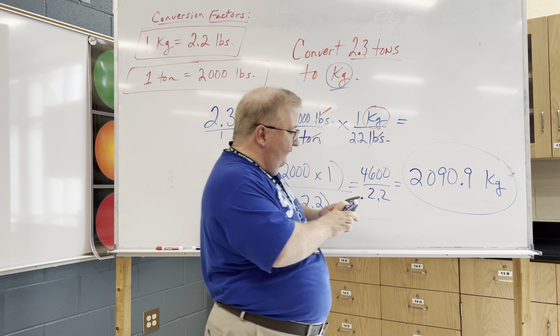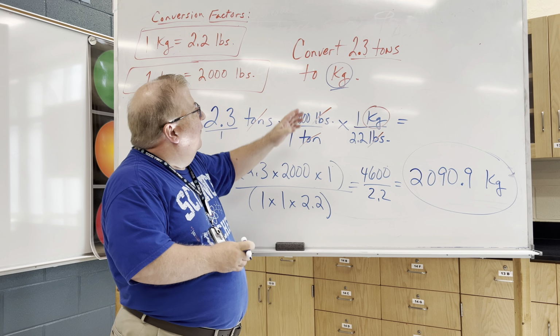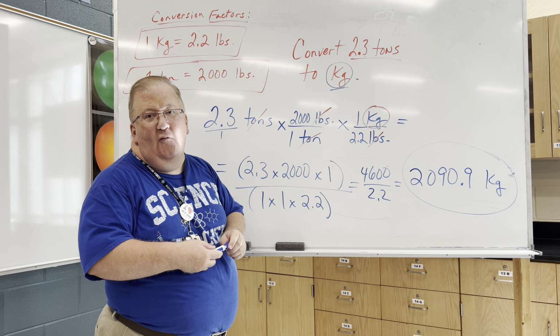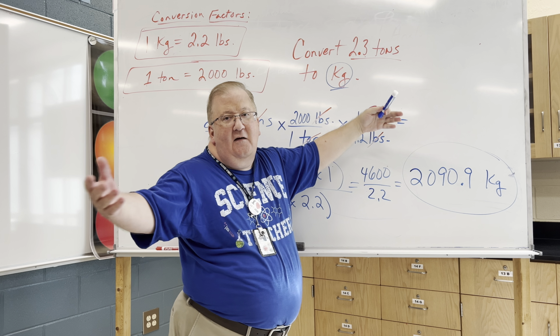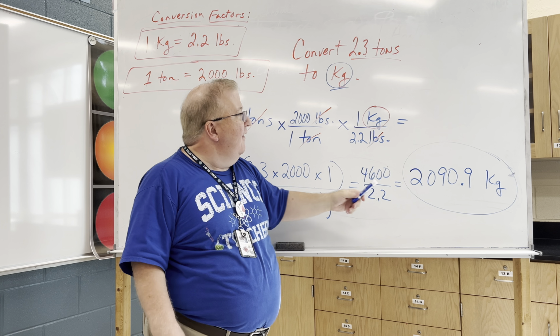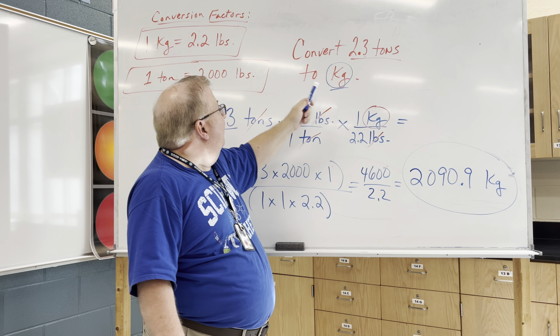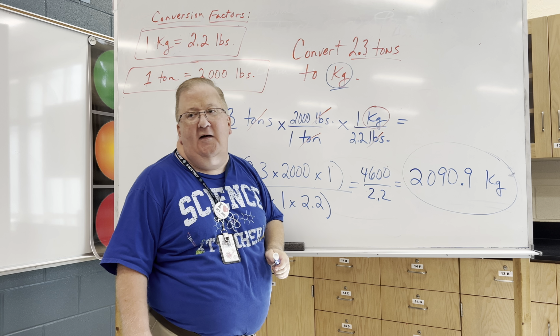All right, now I would stand back and say, okay, does that seem logical? Well, we know tons are really, really heavy, right? 2,000 pounds are in 1 ton, so I've got 2.3 tons. So I got a lot of pounds, over 4,000 pounds, right? Kilos are big, all right? 1 kilo is 2.2 pounds.